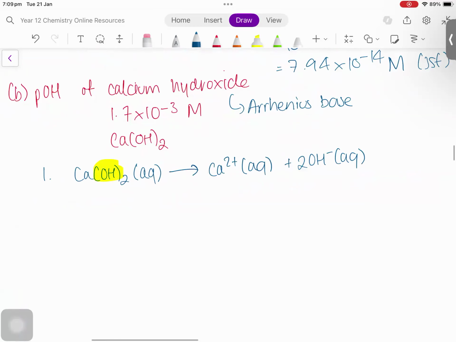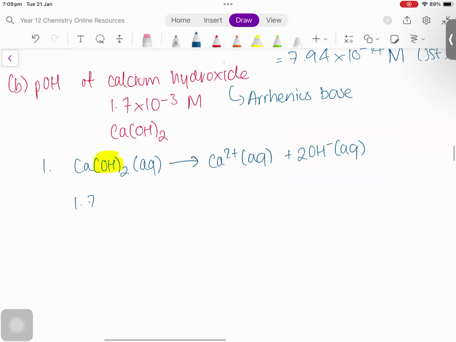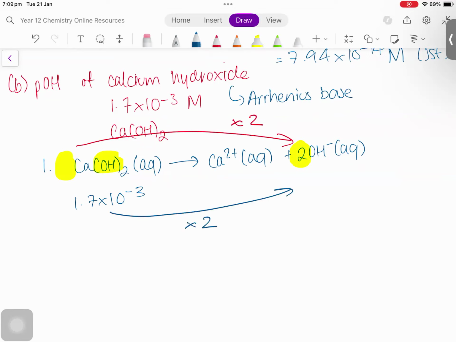And then, so Khadija, let's get you helping me out with this one. 1.7 times 10 to the minus 3 is calcium hydroxide. Have a look at the ratios. What do I do to get the OH minus concentration? You times it by 2. I times it by 2. Good. See what you do with the ratios. Do the same thing with the numbers.